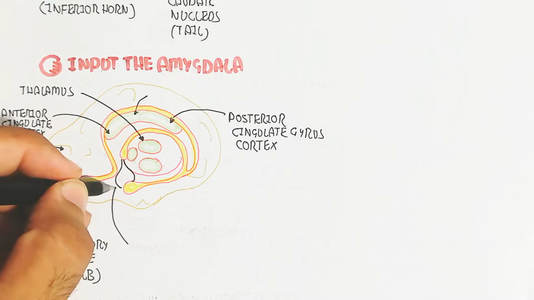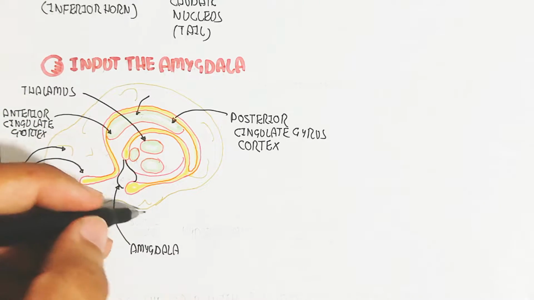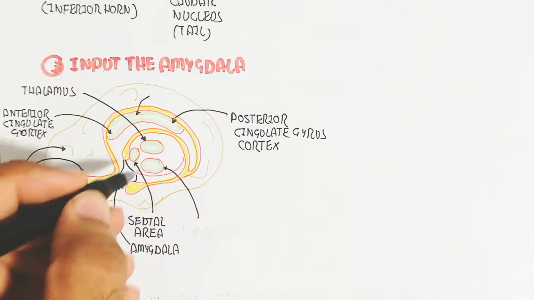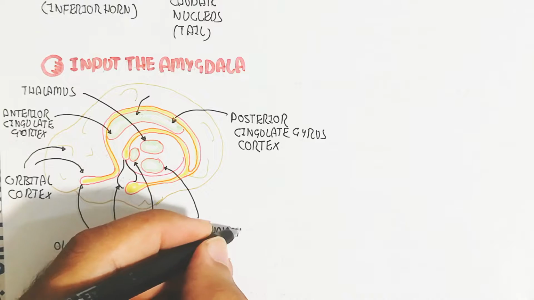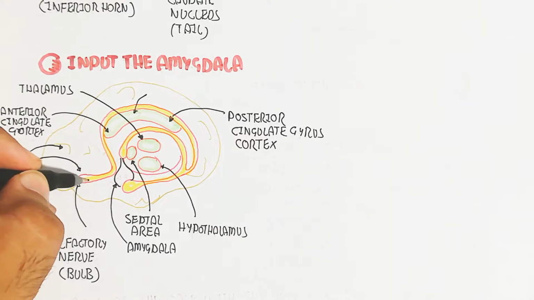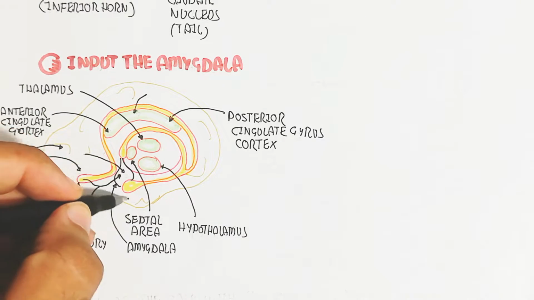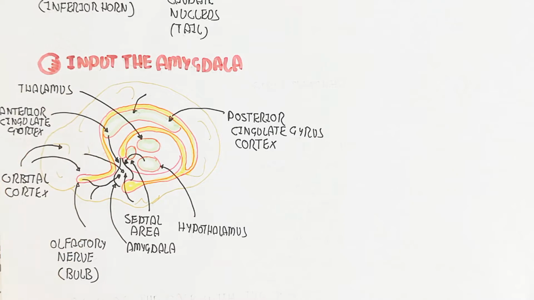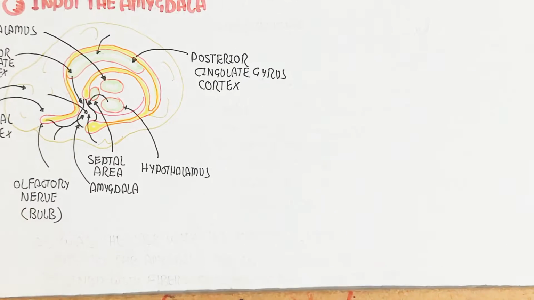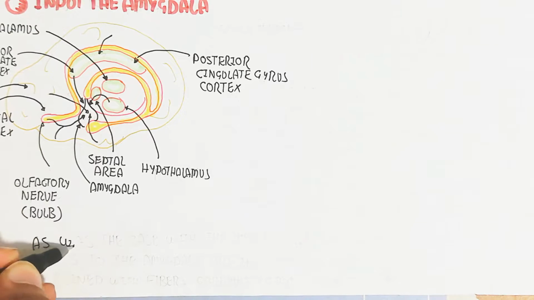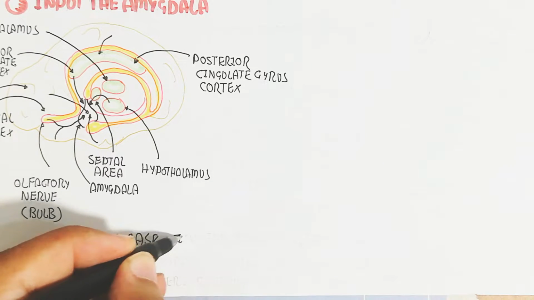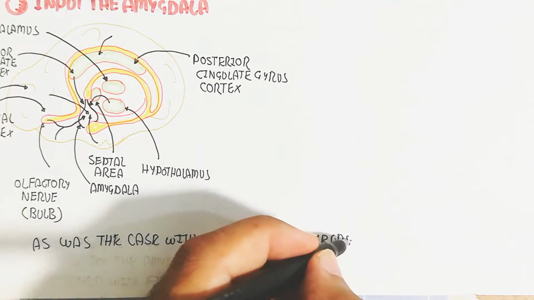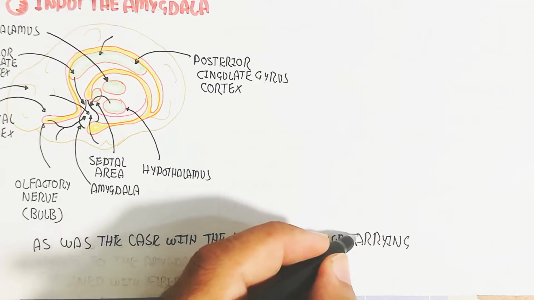In this way you can see this is the amygdala, while this is the septal area, and this is the hypothalamus. The orbital cortex is for visualization, and the olfactory nerve receives signal information via a stimulus and passes it to the amygdala for changing the emotion, as with the hippocampus.